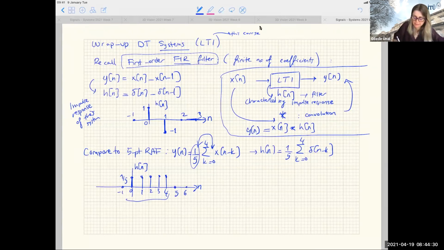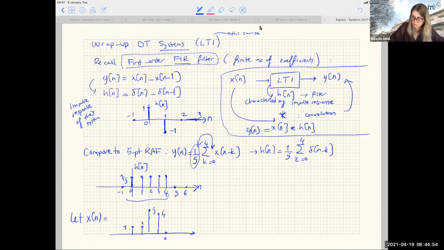For instance, let x of n, guys, be the input signal I gave, x of n given as a graph, let's say 1, 1, 5, 4, 5, 4, 0.